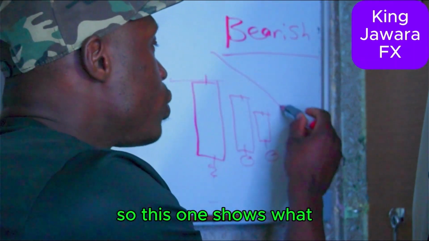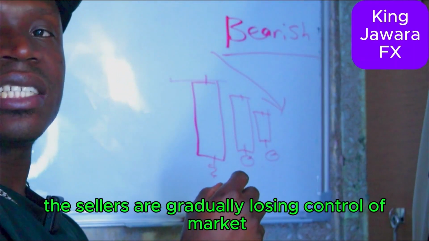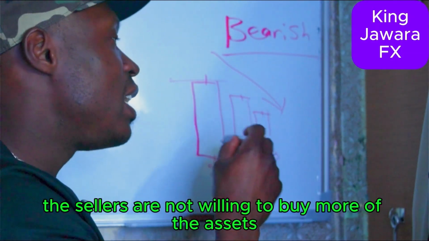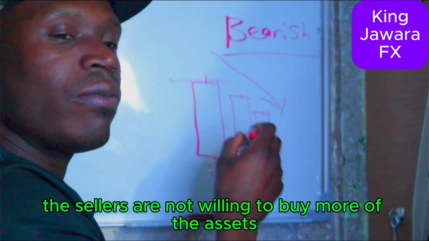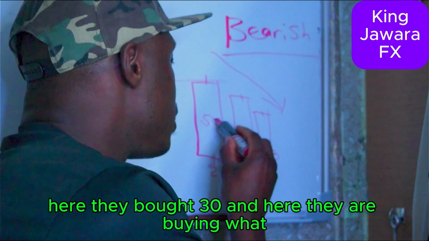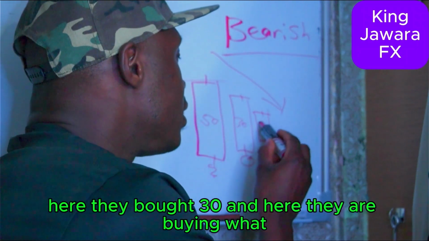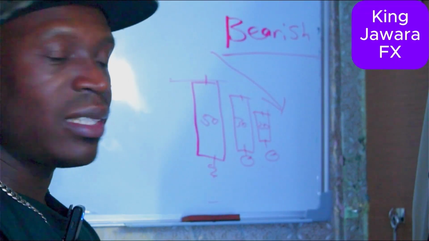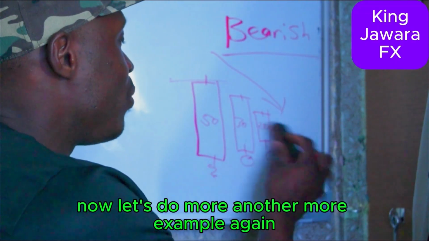So this one shows the sellers are gradually losing control of the market because the sellers are not willing to sell more of the asset. Here, if they sold 50, here they sold 30, and here they are selling 20 of the asset. Now let's do another example again.